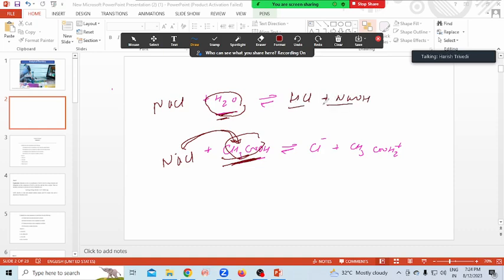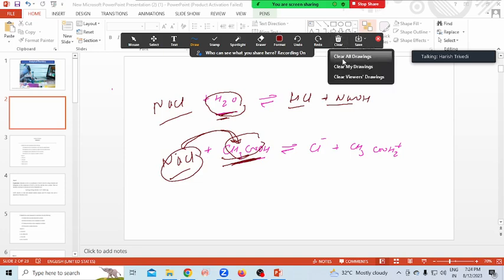NaCl is behaving as a strong electrolyte in water, but here, as Na ion should be provided to acetate ion, the strength of the NaCl electrolyte will be decreased. Okay, clear this point?